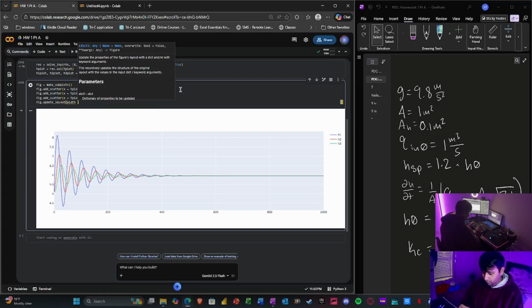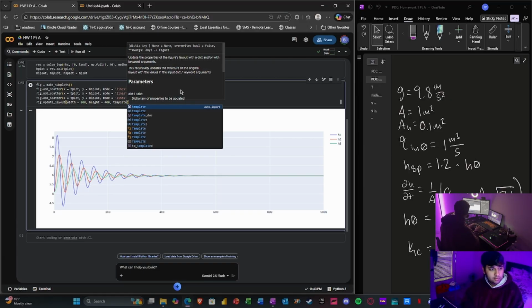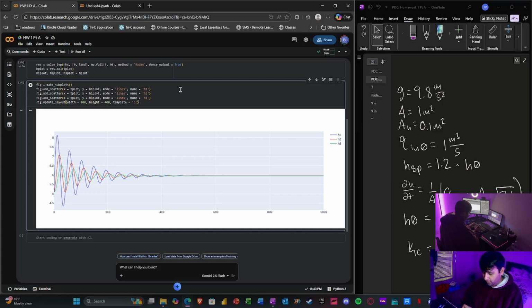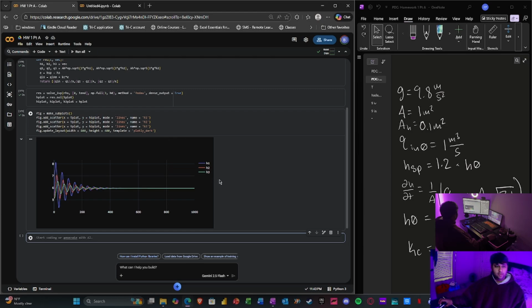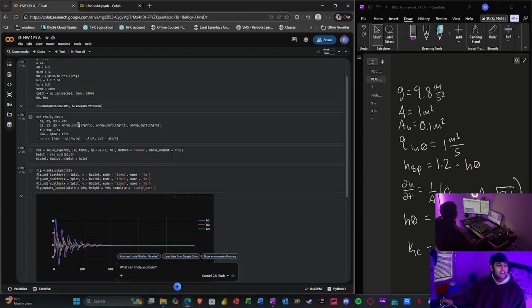What I've noticed is width 800 and height 400 is a good sweet spot for me personally. And then for the template, we want something a little bit easier on the eyes. So plotly_dark. And there we go. It looks a lot neater, a lot nicer. Honestly, the colors pop a lot more.